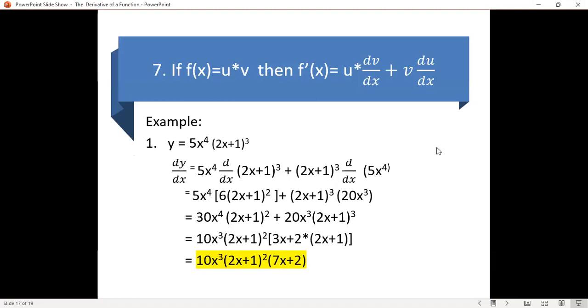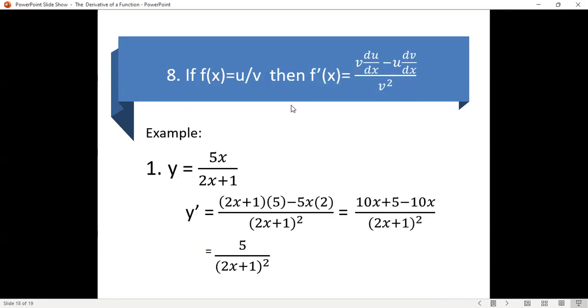So for the product, the derivative of a product, the derivative of u times v is u dv plus v du. So if you have y equals 5x to the 4th multiplied by 2x plus 1 cubed, here our u is 5x, our v is 2x plus 1.